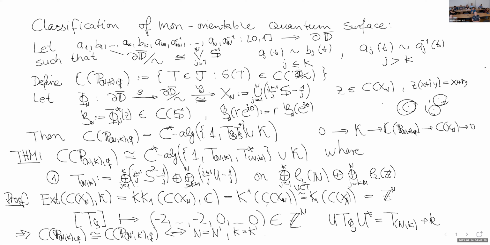And now how do you get this implication? Any C star algebra has some generator which fulfills this. So if I have another one, then I get a B, B star is B plus some K prime.